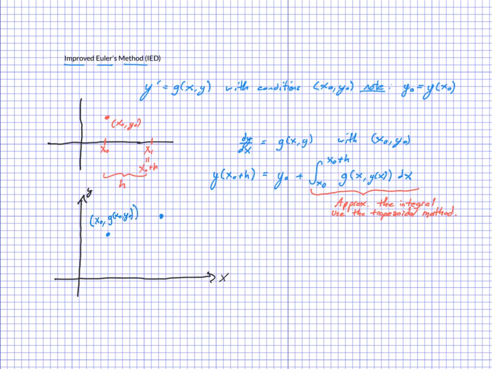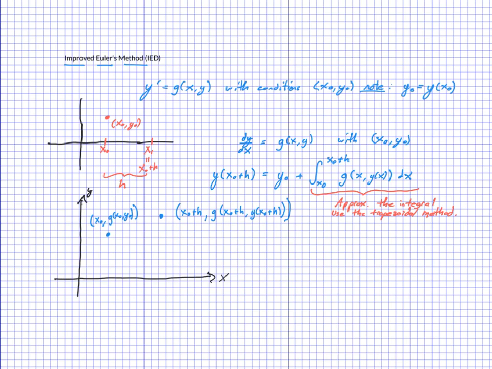So that's the first point. The second point is going to be x naught plus h, comma g of x naught plus h, comma y of x naught plus h.